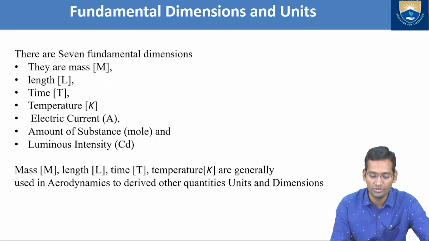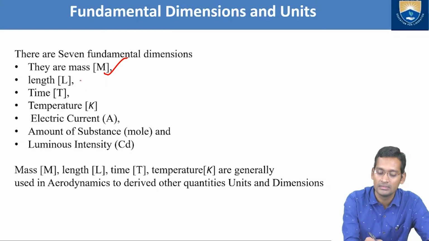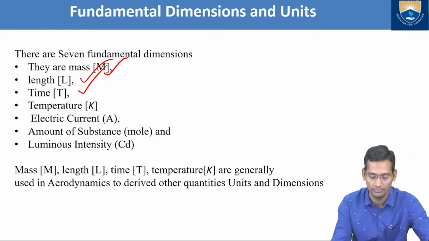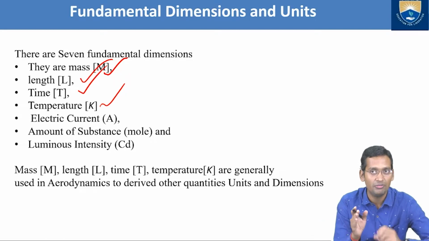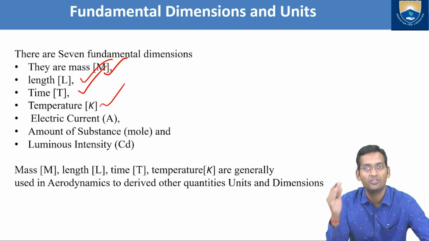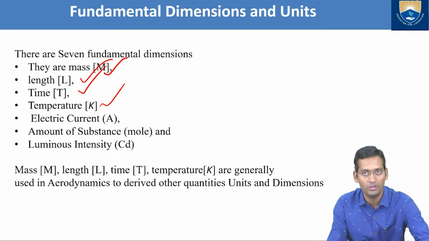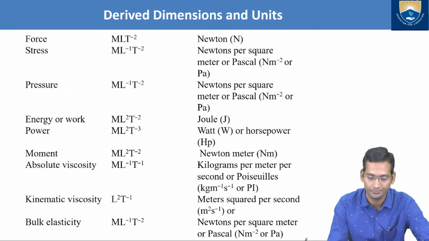Here we will use mass, length, time and temperature. These 4 we will generally use to derive the other quantities. Whatever we derive from these is called a derived quantity.